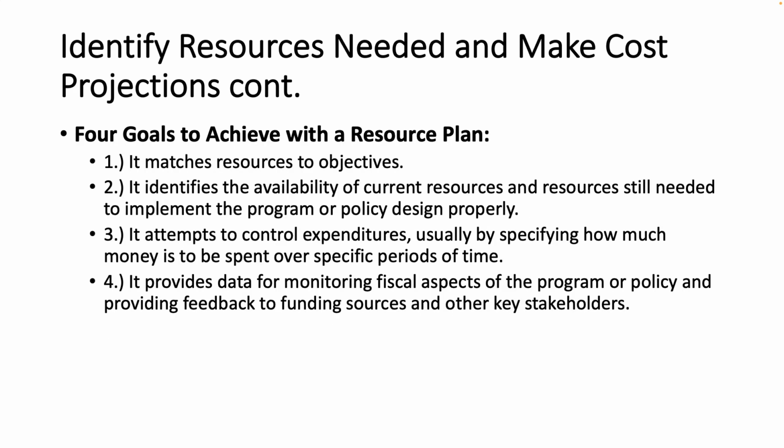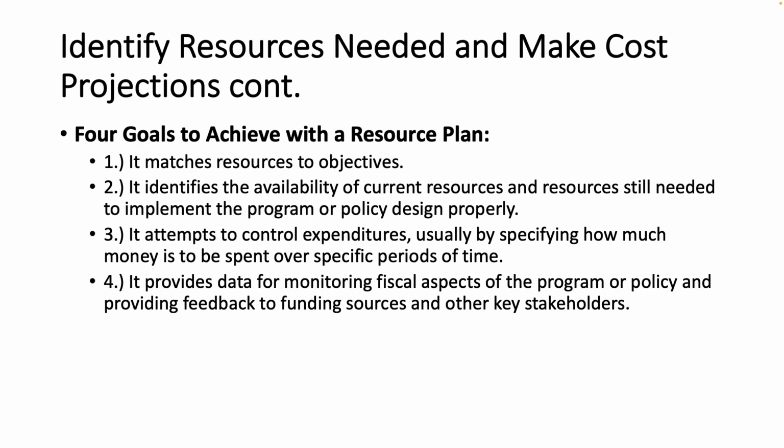So there are 4 goals that we have to achieve with this resource plan. So the first one is that it has to match the resources to the objectives, right? So what this means is one has to carefully ensure that all the resources that are necessary to achieve the objectives of the program or policy are in place.